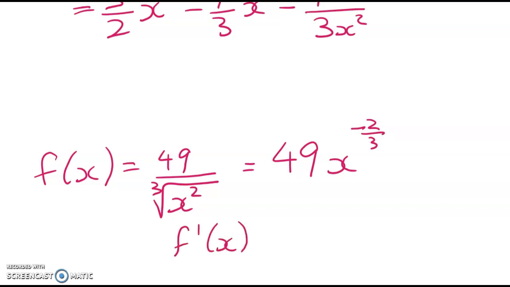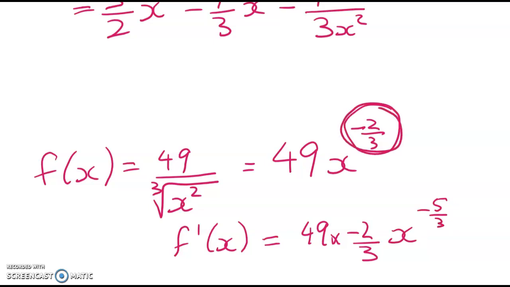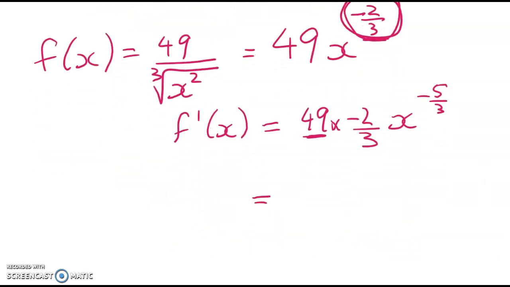Now we're ready to differentiate. So it's going to be 49 times negative 2/3 x to the power of negative 5/3. Right, I'm dropping this power by 1 and I'm multiplying the negative 2/3 by the 49. Cleaning that up gives me negative 98 over 3 x to the negative 5/3.